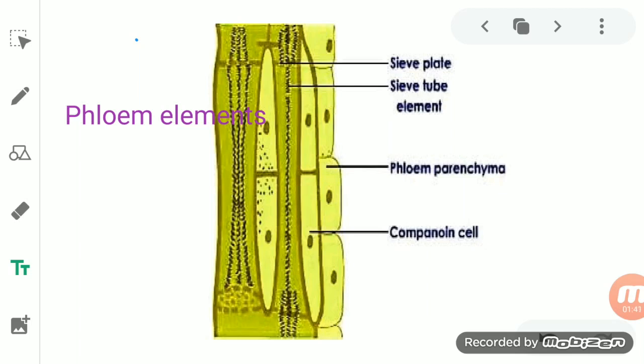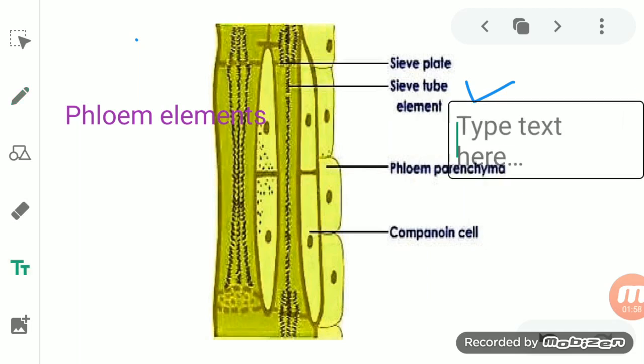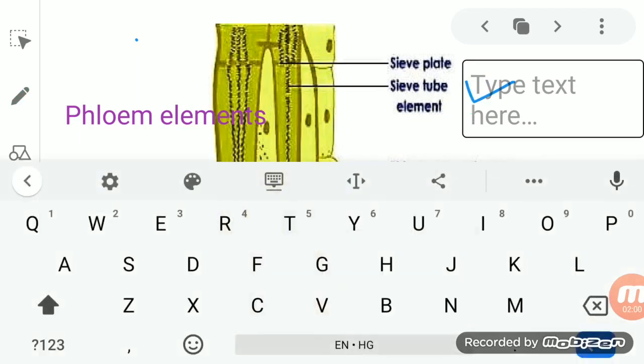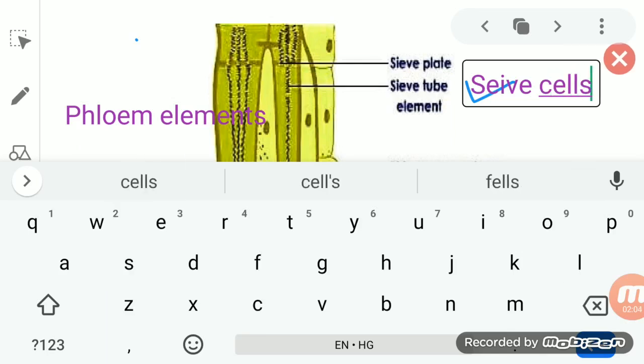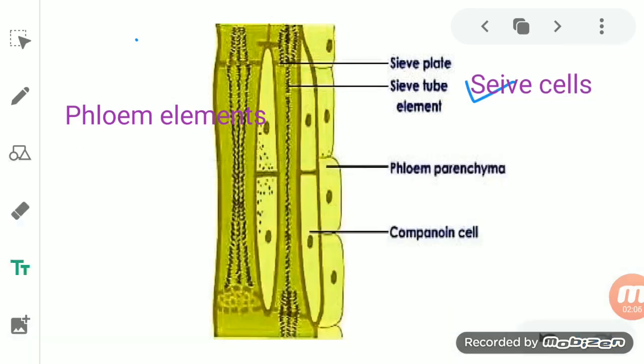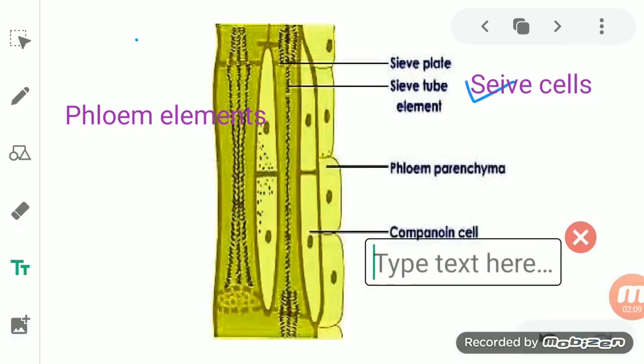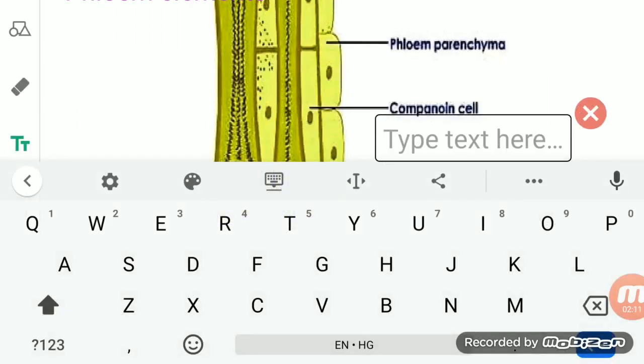Now the elements present in the phloem are sieve tubes, or one more term we can use, sieve cells. I'll explain what the difference is between the sieve tube and sieve cells. The second one is the companion cell or albuminous cells.